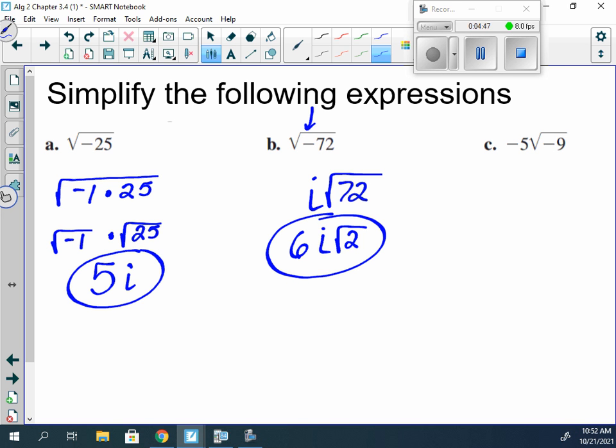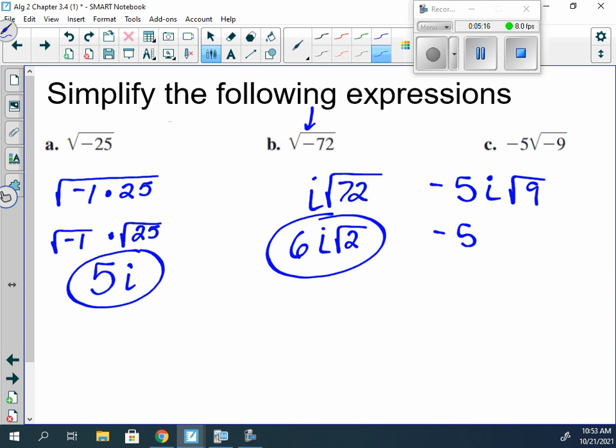Let's look at the next one here, C. Negative 5 times the square root of negative 9. Well, what do we know about the negative in the negative 9? What's going to happen to it? It's going to become i, which just leaves us with the square root of 9. Well, what is the square root of 9? 3.